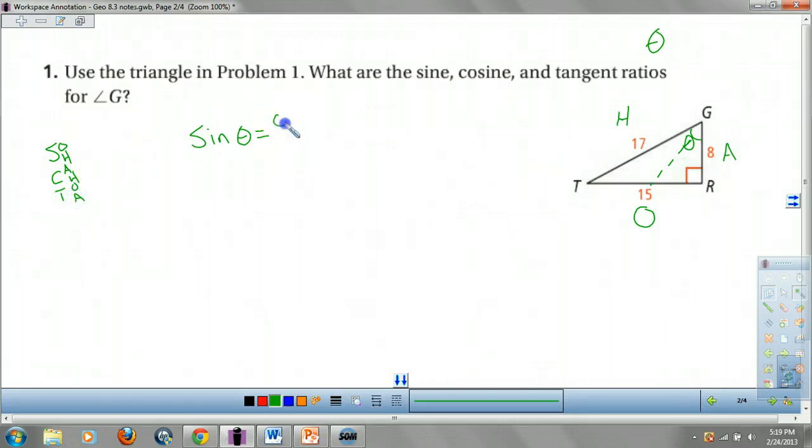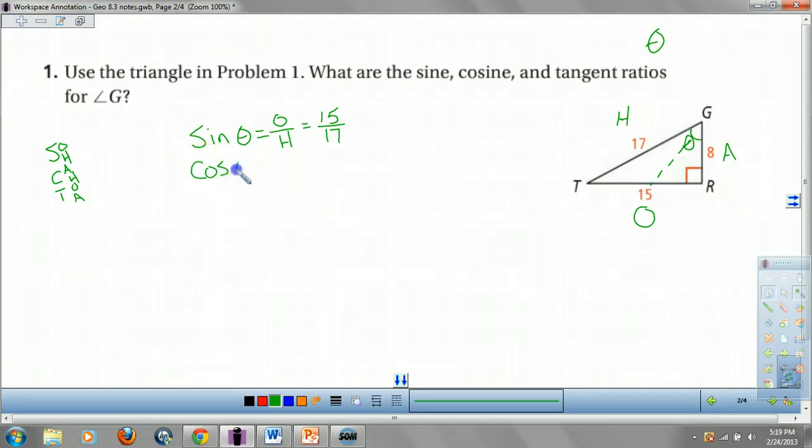Sine is my opposite over my hypotenuse. In this example, my opposite is 15, my hypotenuse, 17. Not too bad.